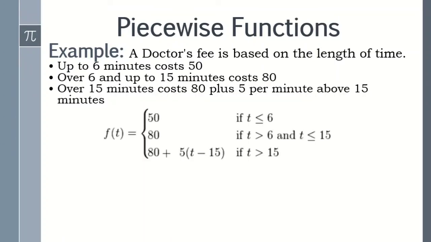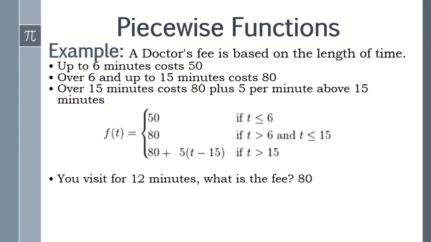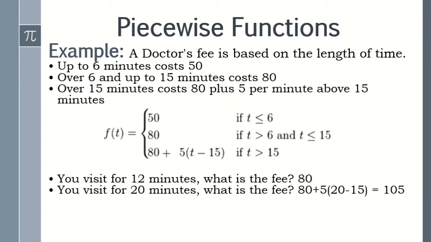And it can be written like this. So if you visit the doctor for 12 minutes, what is the fee? That's 80. How about for 20 minutes? What is the fee? So 80 plus 5 times 20 minus 15 is equal to 105.